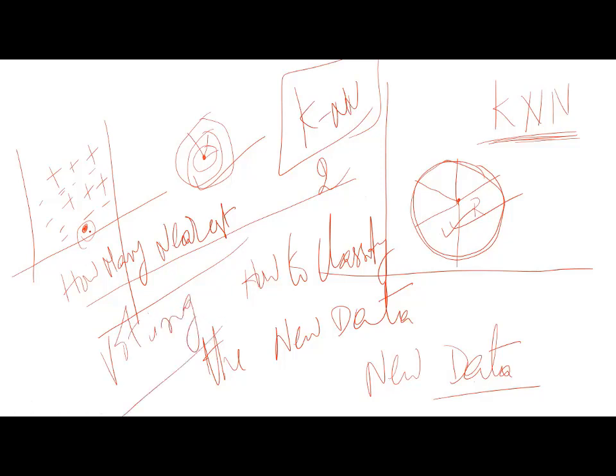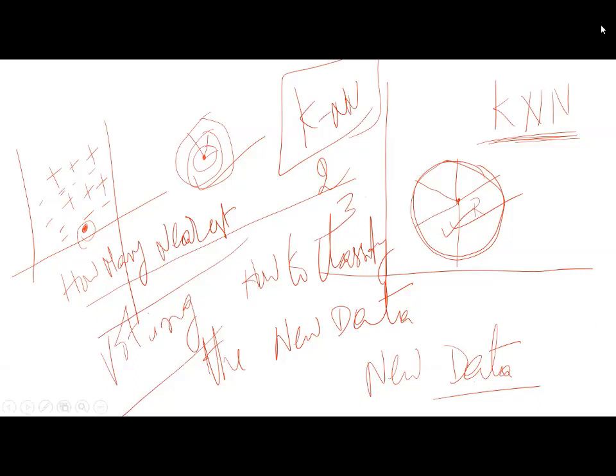After that, you classify the new data point as that particular class. If K is 3, then you have to find 3 nearest neighbors. This is how it goes.